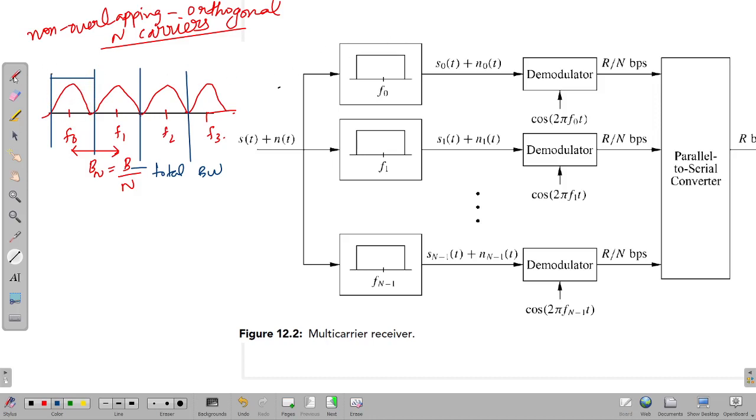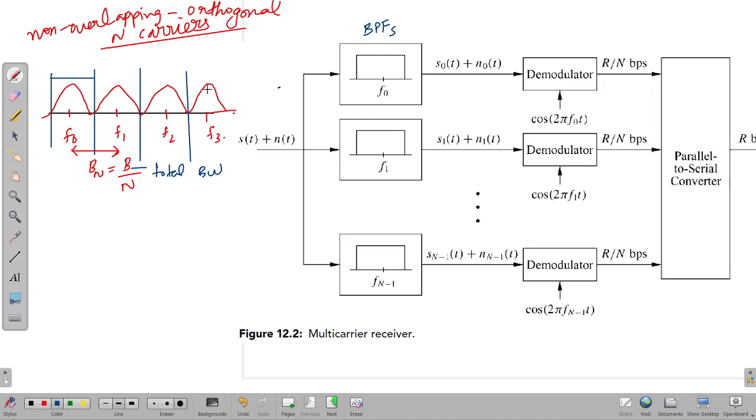These are basically band pass filters, and you can detect and demodulate this subcarrier by just performing a filtering operation.